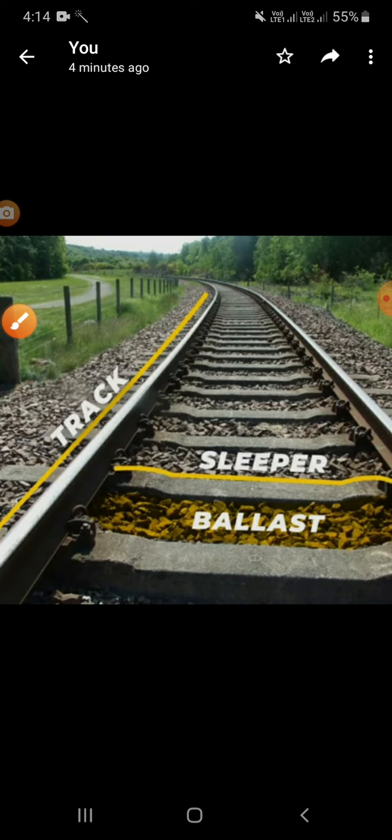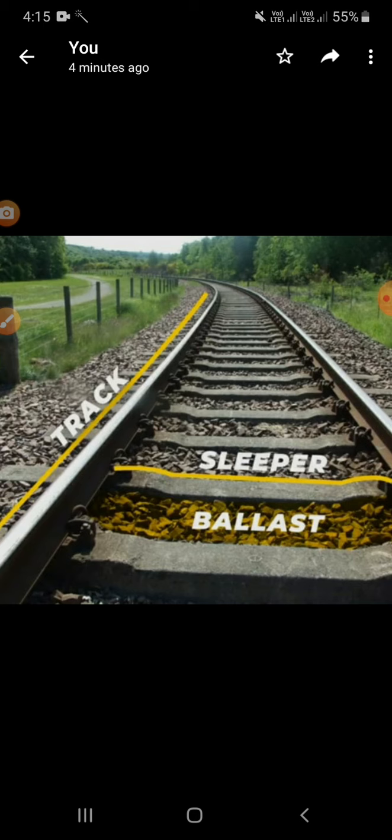Ballast means ballast is the granular material, usually broken stone or any other suitable material, which is spread on the top of the railway formation and around the sleeper. Okay, repeat.